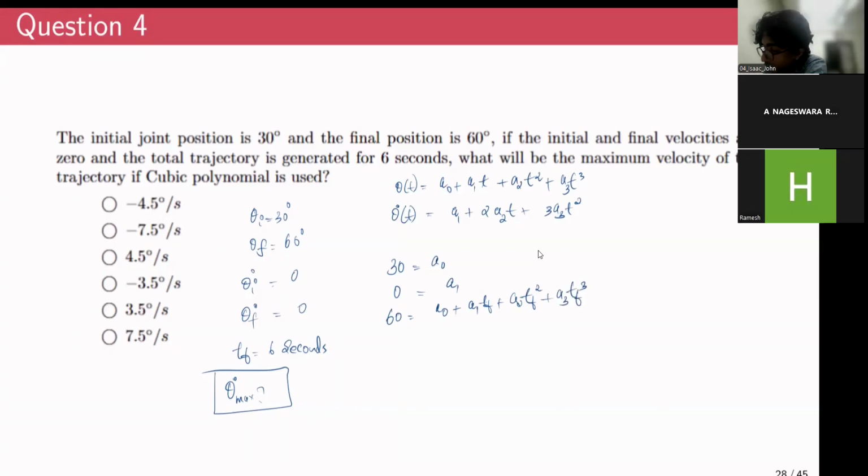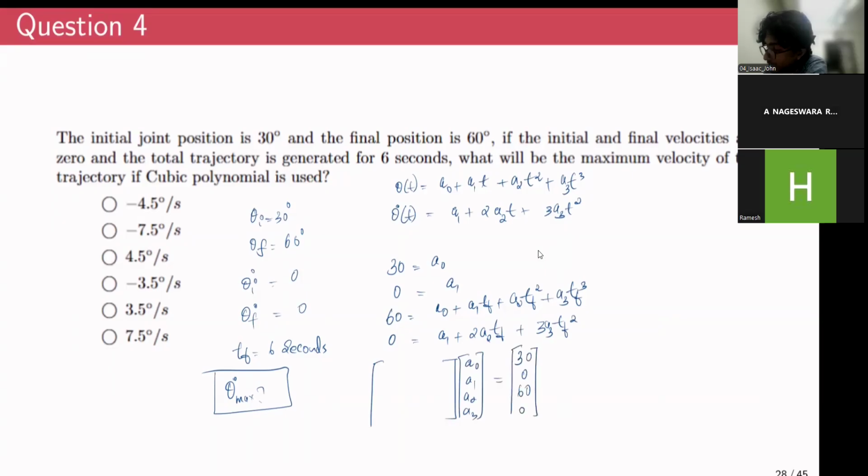And final velocity 0 would be a1 plus 2a2 tf plus 3a3 tf square. So I can write this in matrix and vector form. The unknowns are the coefficients a0, a1, a2, a3. The boundary conditions on the other side of the equality are 30, 0, 60, 0.